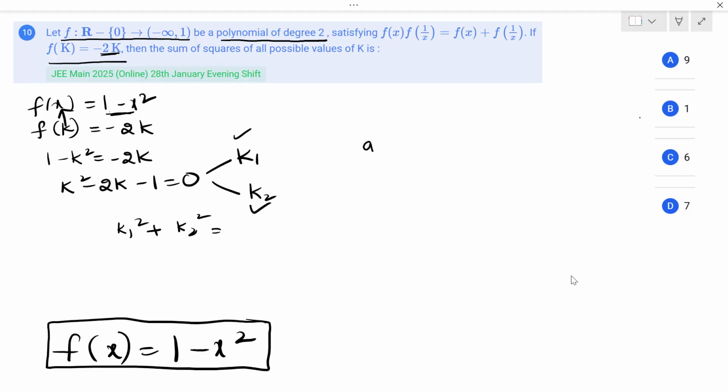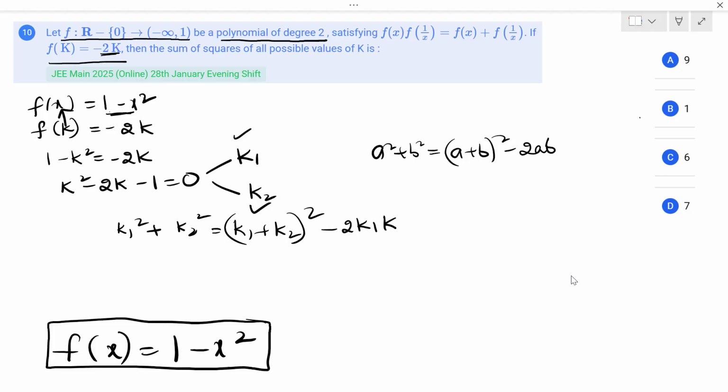Of course, how can I find that? a plus b whole square is a square plus b square plus 2ab, so a square plus b square is a plus b whole square minus 2ab. So I can say k1 square plus k2 square is k1 plus k2 whole square minus 2 k1 k2.